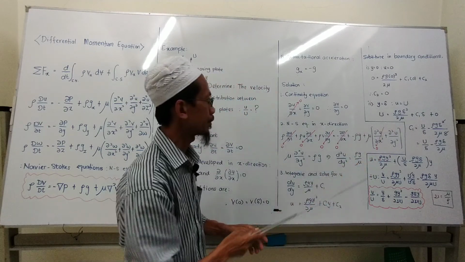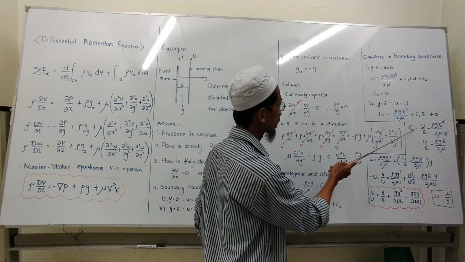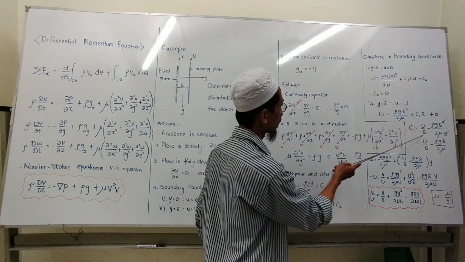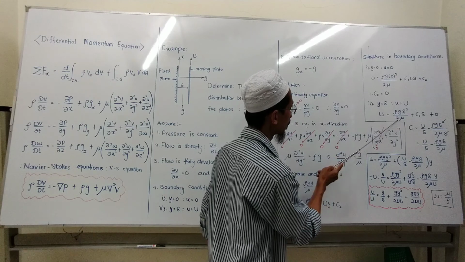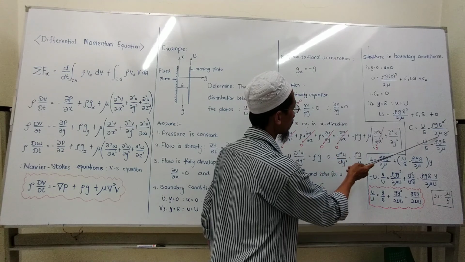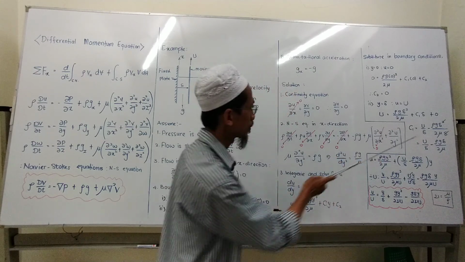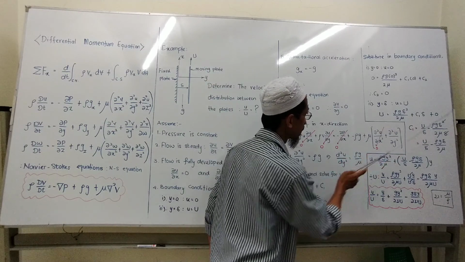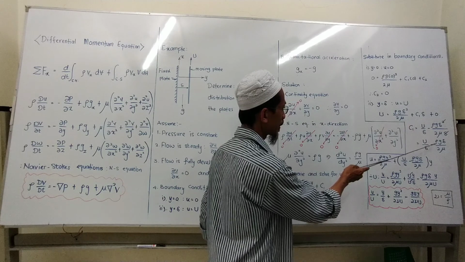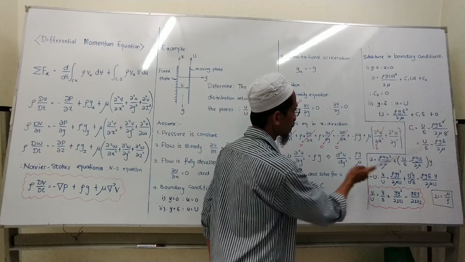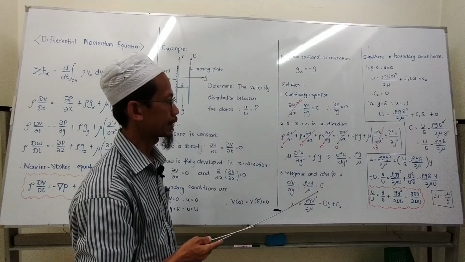Then we get c1 equals U over delta minus ρg delta² over 2μ delta. So delta cancels, and c1 is U over delta minus ρg delta over 2μ.